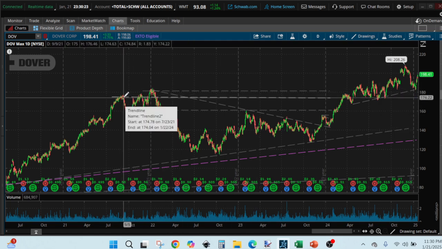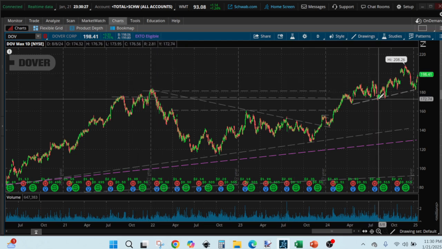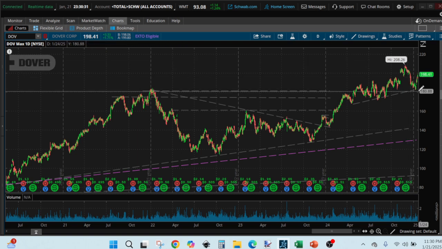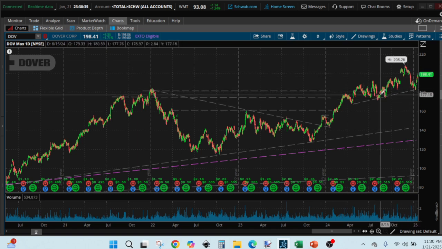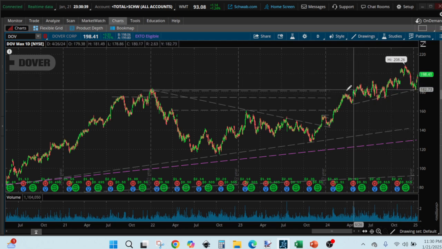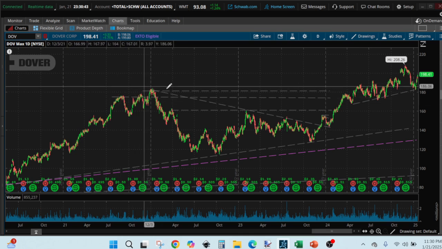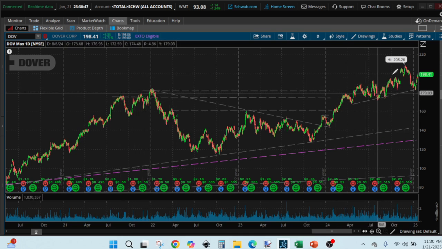The stock is using this mountain, a previous peak, as a support line to pull itself up and lean back to it to continue going up. So how long it's going to do it, we don't know, but it's using the previous main resistance line as a support line to continue going up.